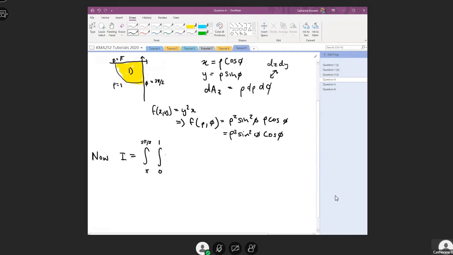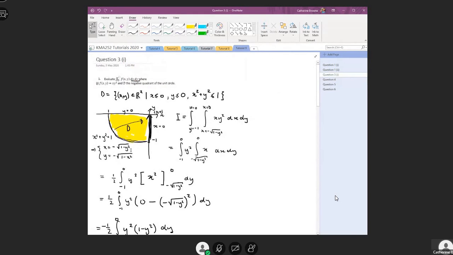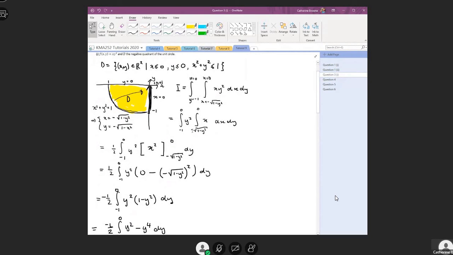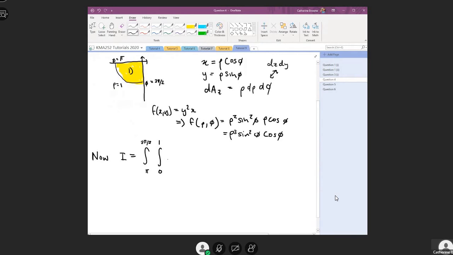So now we no longer have, in this case, we had y in the limits when we were integrating with respect to x. But we've removed that here. Don't forget this extra rho term here.